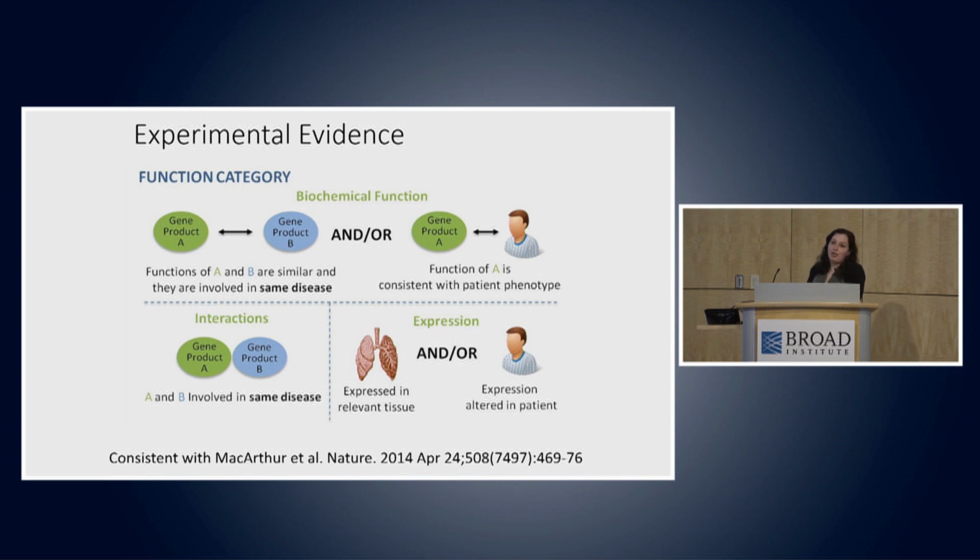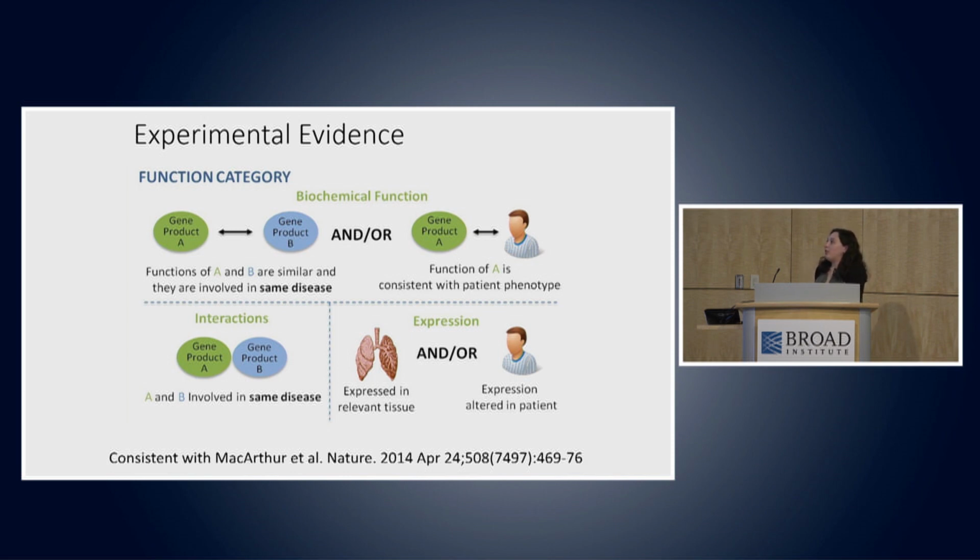So a good example is potentially the RASopathy genes, that in the MAP kinase signaling pathway, many of them are very definitively associated with disease. So if you came along and had another MAP kinase or another kinase found in the same signaling pathway and said, it's downstream, it's upstream, it's very similar in function of this one that's definitively associated with a RASopathy, you could score that biochemical points.